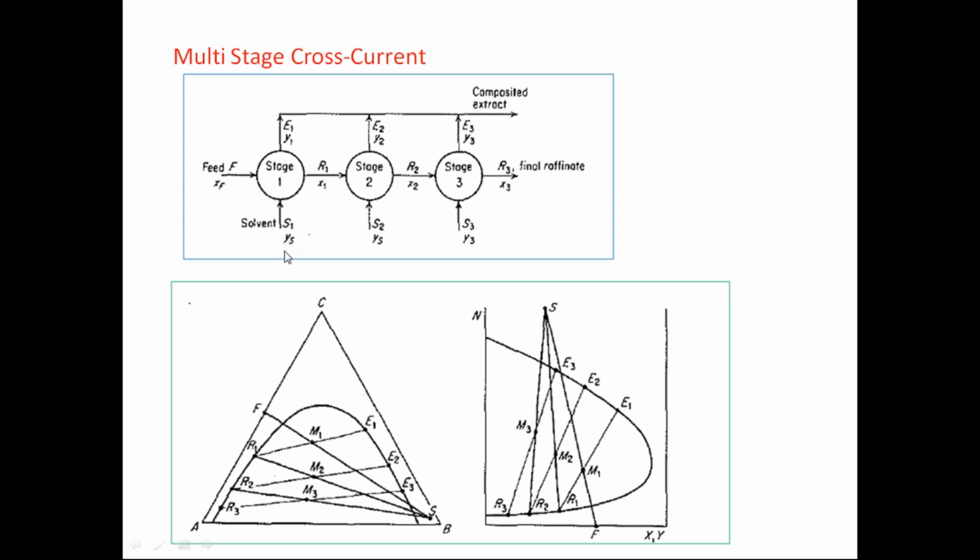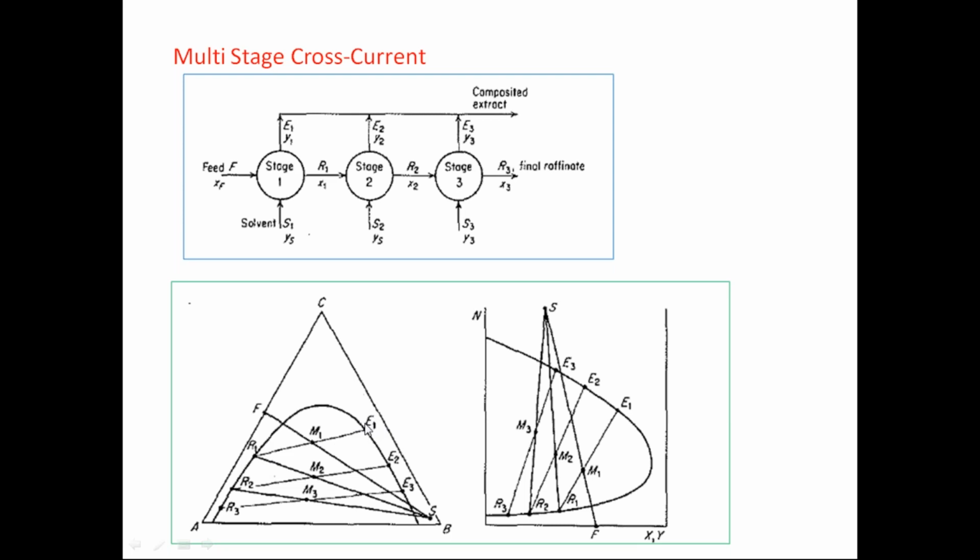The solvent has this much composition. Then you can draw the FS line. On that FS line, upon the addition of a certain quantity of solvent, you can calculate the XM as I told in the previous class. Then you can identify the M point. Through the M point, you can draw one tie line.